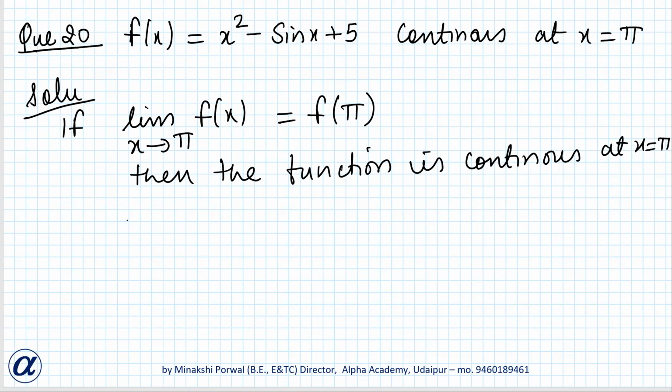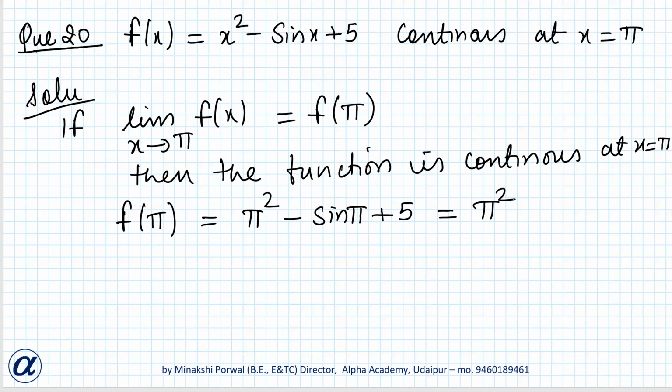First of all, we can find f(π). f(π) is π² − sin π + 5. What is the value of sin π? Zero. Sin π is sin 180, so it is 0.